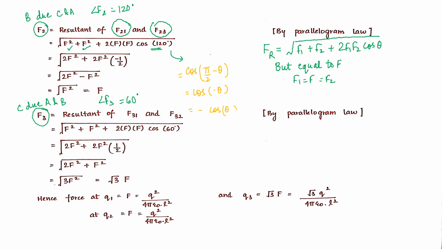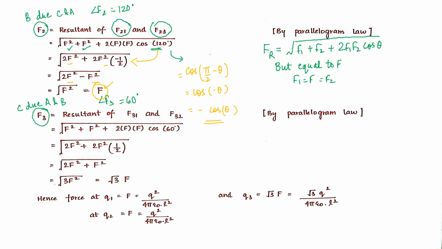This is the trigonometry formula by which we get the value of cos 120. Fine. So adding up all the things and substituting the value of cos 120 over here, we get F2 also as F. Okay. Now we will move on to C.